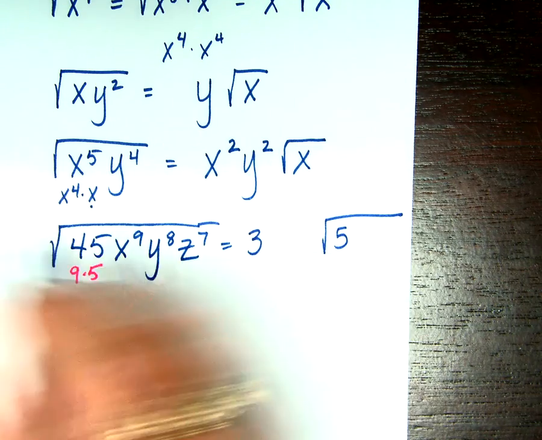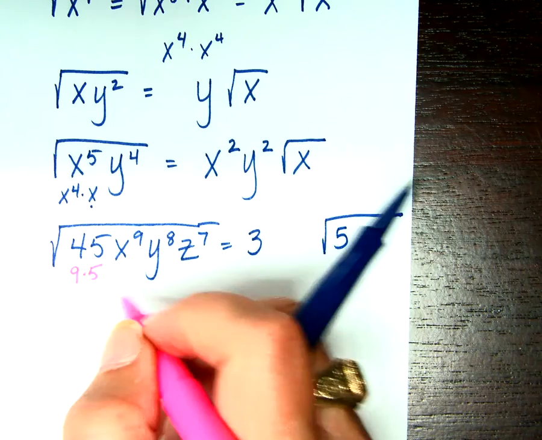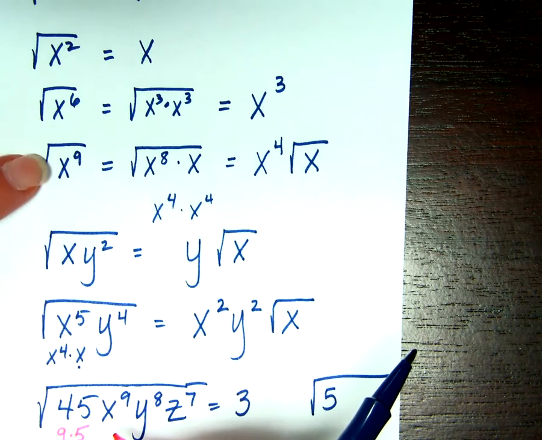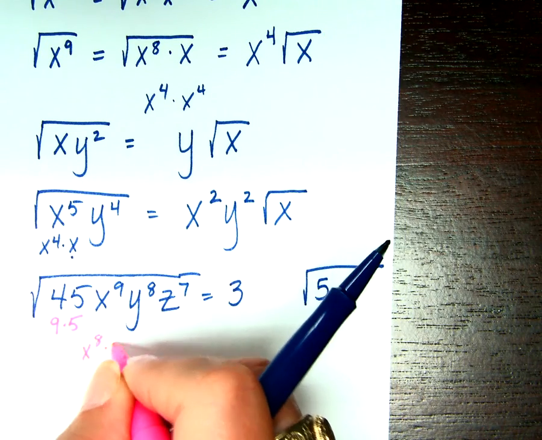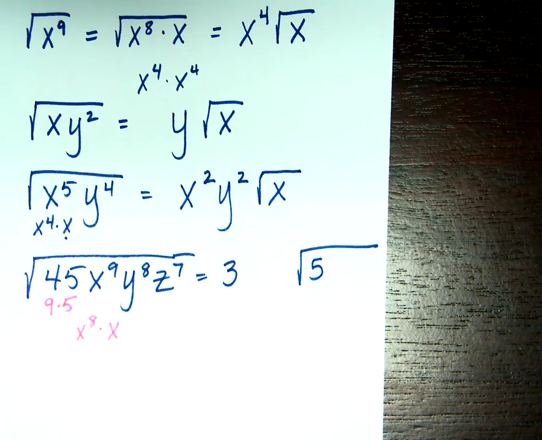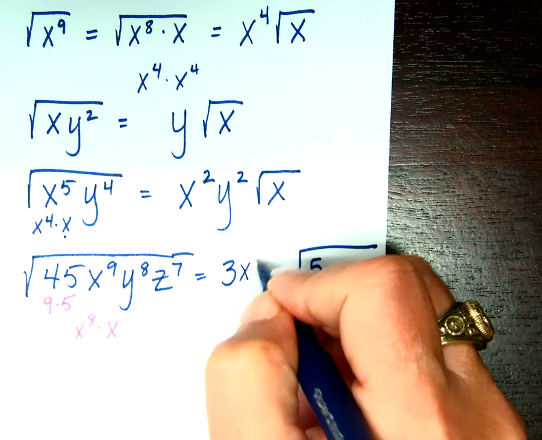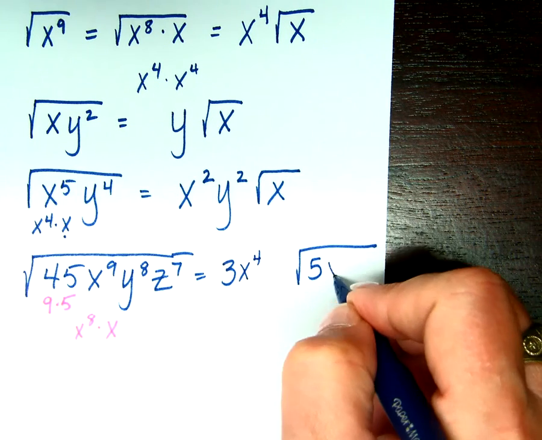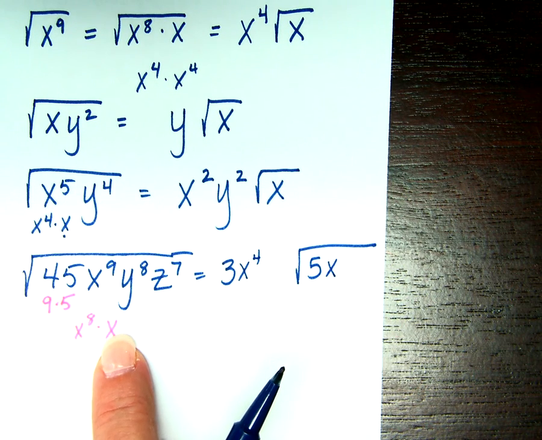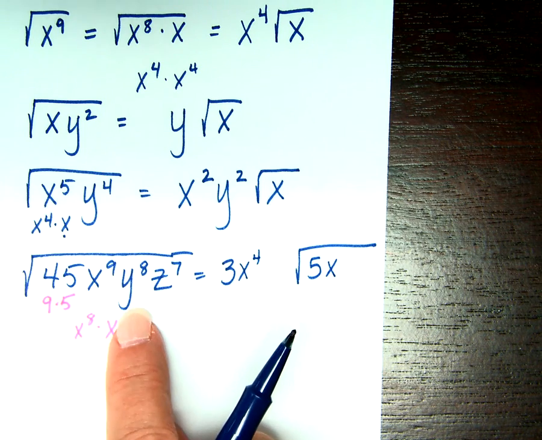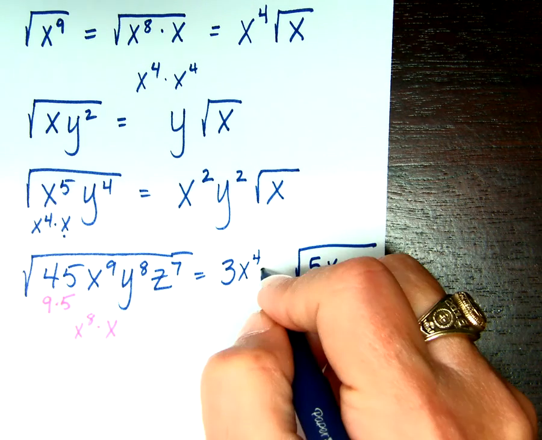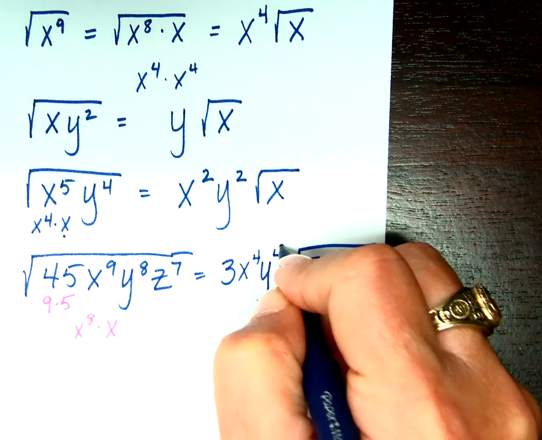Do I know the square root of x to the 9th? No, but thinking back about here, I know it's x to the 8th times x, and I know the square root of x to the 8th is what? X to the 4th, and I still have this other x that I have to leave inside, don't I? Do I know the square root of y to the 8th? What is it? Y to the 4th.